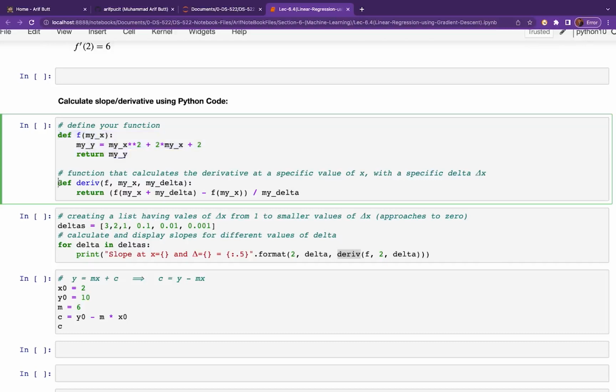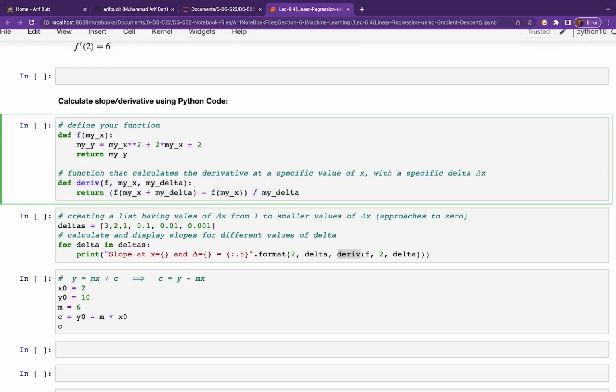Then I have defined another function that is a derivative of that function, and this deriv function is passed a function and the value of x and the small value of delta, and it returns the slope using the formula, of course, y2 minus y1 divided by x2 minus x1. This third argument, remember, is a very small value.